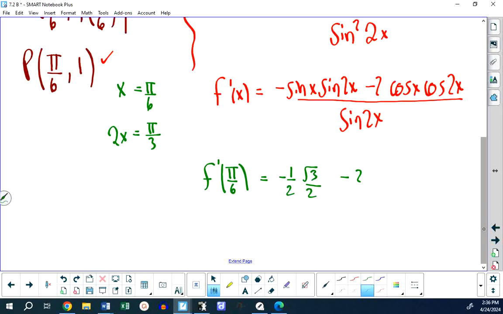Cosine of pi over 6 is the x-coordinate at pi over 6, which is root 3 over 2, times cosine of 2x, which is pi over 3. The cosine at pi over 3 is the x-coordinate there, which is 1/2, over sine of 2x, which is the sine at pi over 3, which is the y-coordinate, which is root 3 over 2. Yeah. Squared. Thank you.